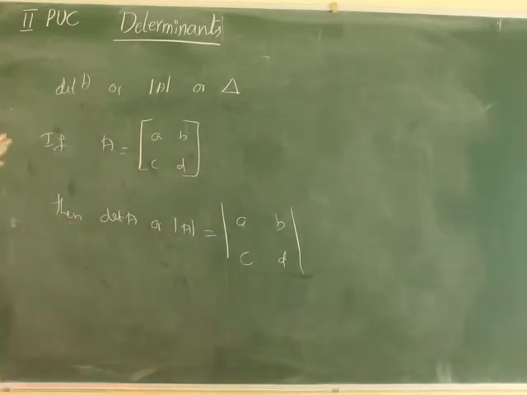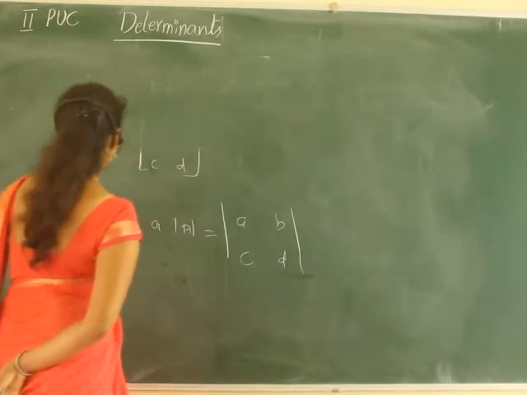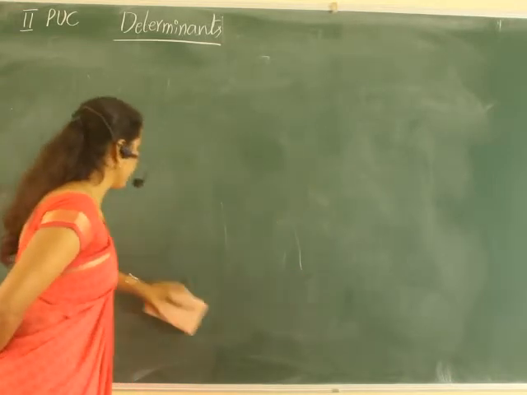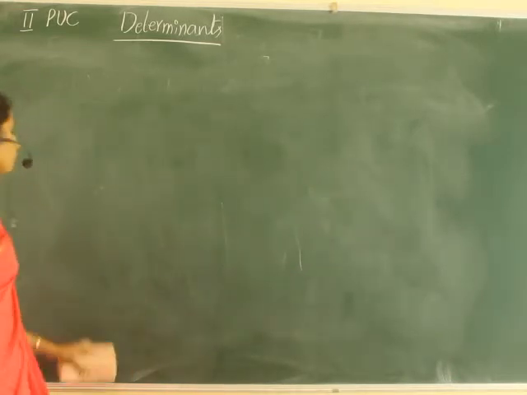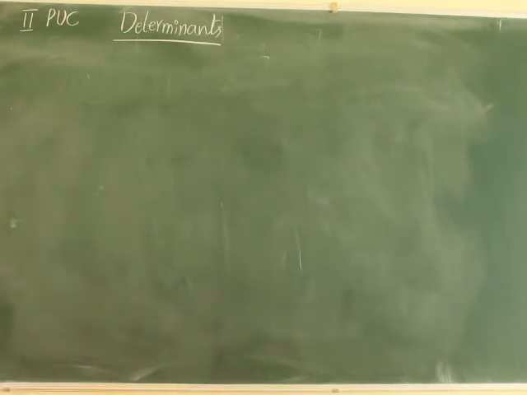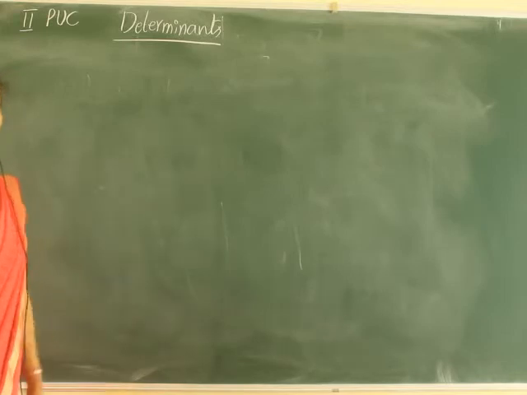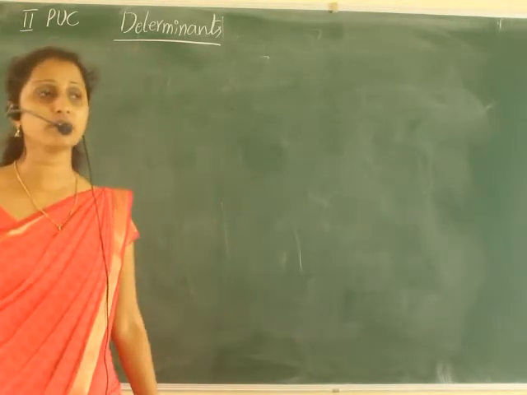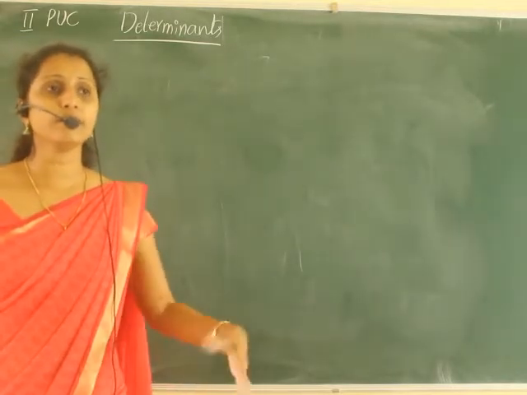Now I have discussed what a determinant of a given matrix is, and how to denote it symbolically. Now we'll calculate how to find the determinant of different matrices. We have many matrices of different orders.